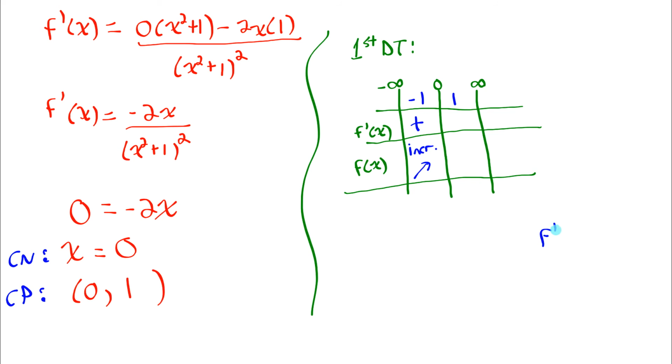If I evaluated f prime at 1, I would have negative 2 over 4, so negative a half, which is negative, which tells me the function is decreasing in the interval following the critical number of 0. So it was increasing before the critical number of 0, decreasing after the critical number, which means at that critical number, there must be a local max. So there's a local max at the critical point 0, 1.